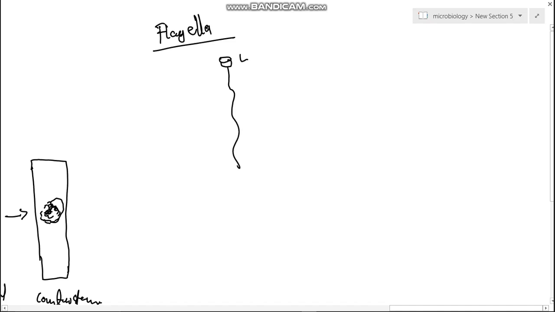So let's draw this one to be a beautiful flagella. It enables the bacteria to move, so it is basically for movement.